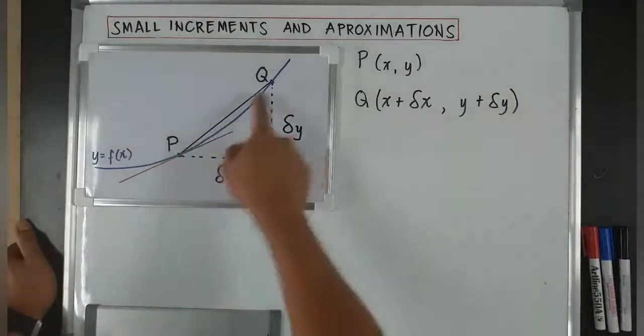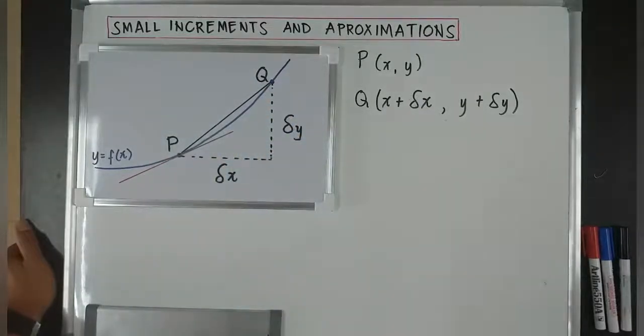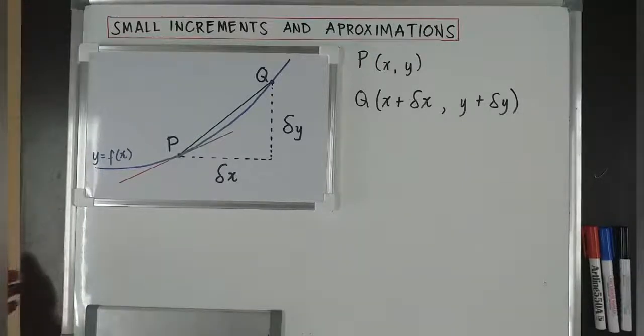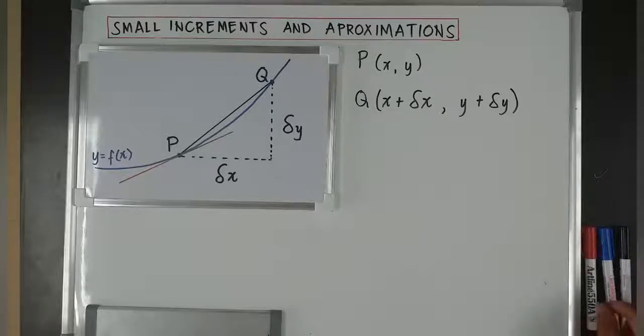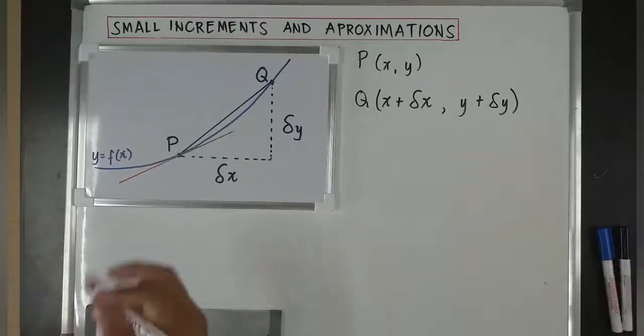So this chord, if you're going to notice, is a line also. Since it is a line, if this is a graph, it has what you call gradient.